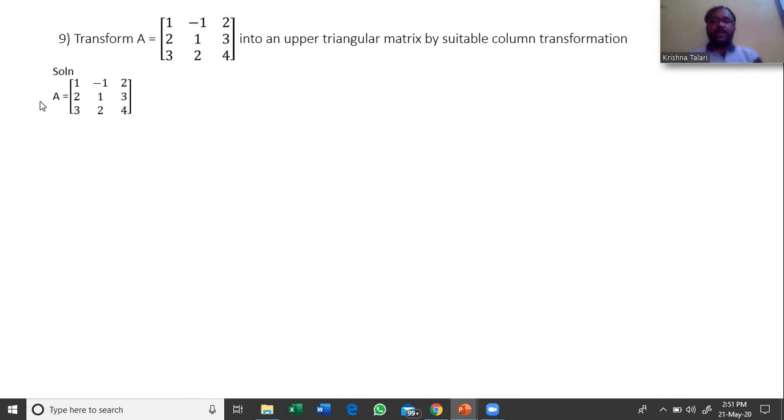So we'll consider the given matrix. Now I can easily make this element 2 by saying C1 minus 2 times C2. Okay, so 1 plus 2 would be 3, 2 minus 2 would be 0, 3 minus 4 will be minus 1.